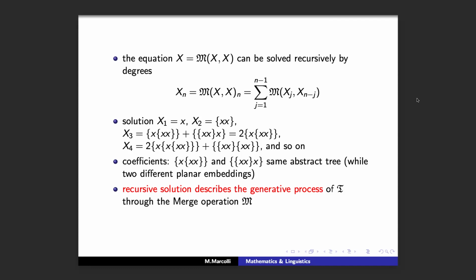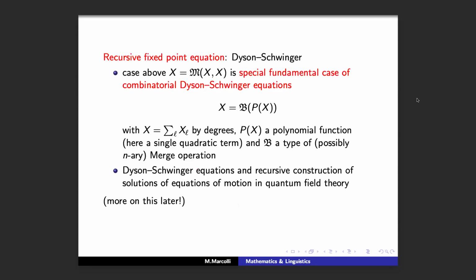Okay, so this process here is a recursive solution. It's actually the simplest possible example of these combinatorial Dyson-Schwinger equations of physics, which in general are coming exactly from a similar kind of structure where you again have a variable that's written as a sum of variables in the various degrees of some suitable algebra that describes your combinatorial objects, and you write a fixed point equation which is something like that.